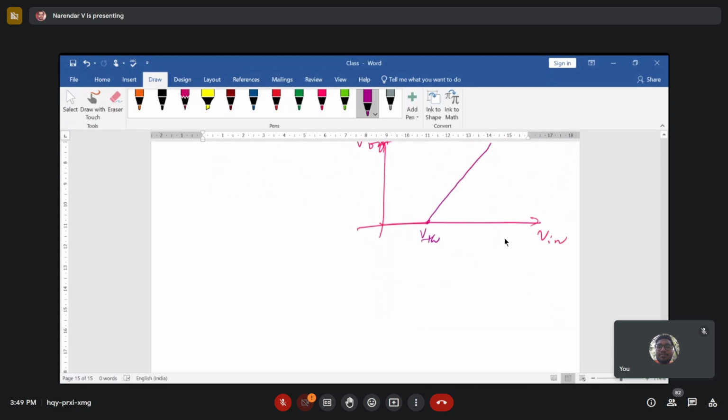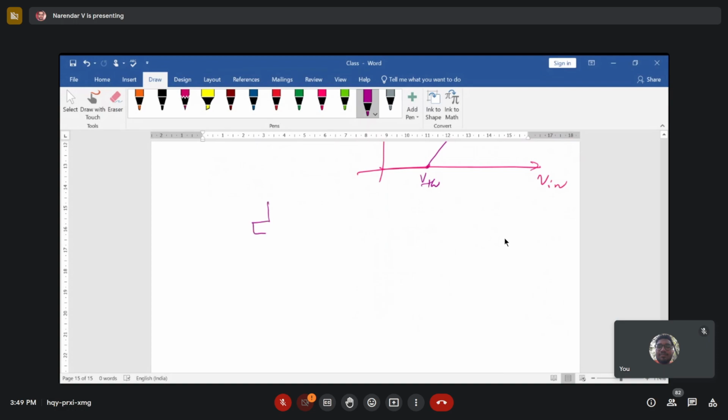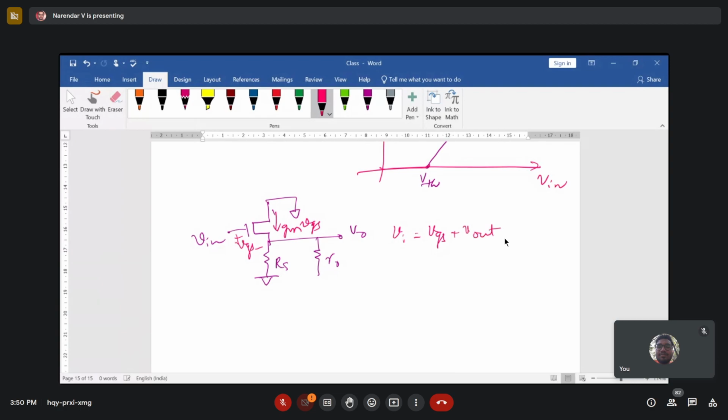If I consider a small signal equivalent, this is V input, RS, and V out, with the output node resistance coming over here, connected to ground, and here we have a current GM times VGS, and this is the VGS that you apply. So V input is equal to VGS plus V out in small signal mode.